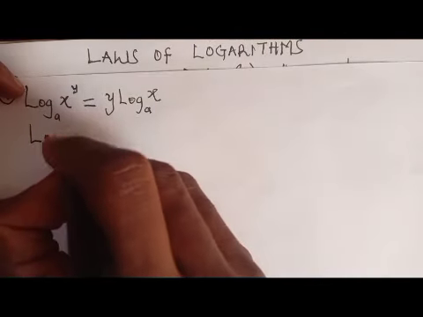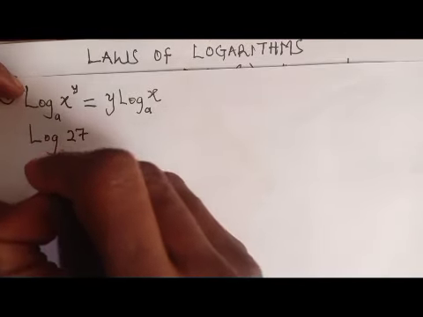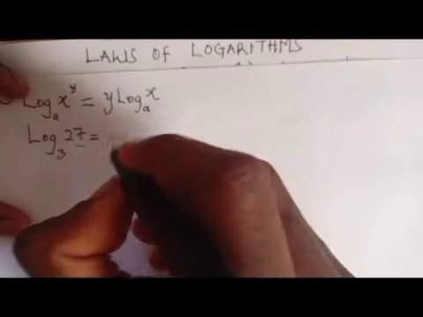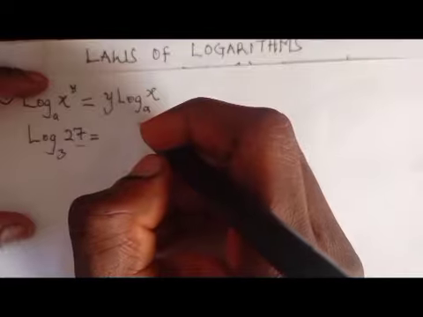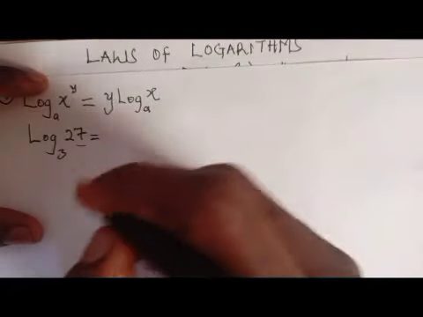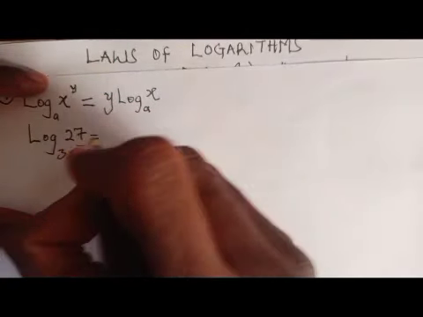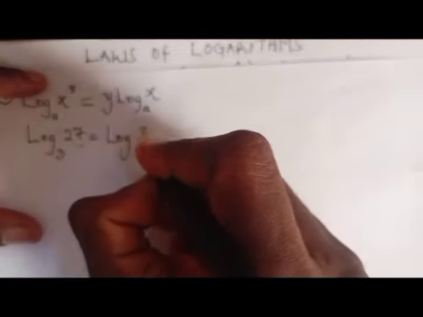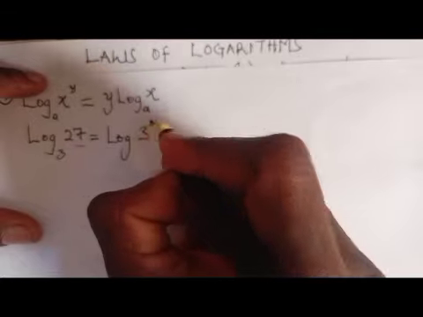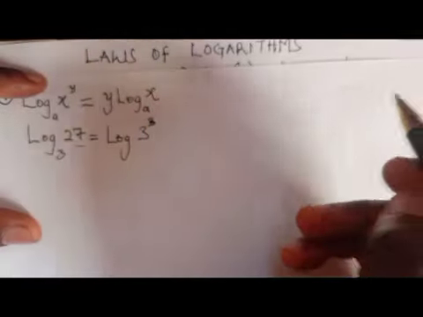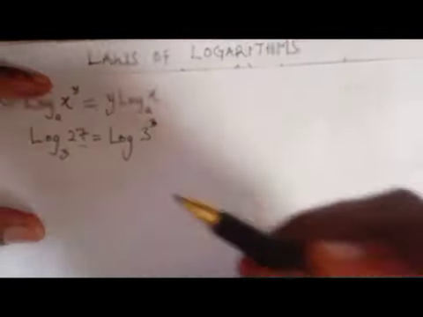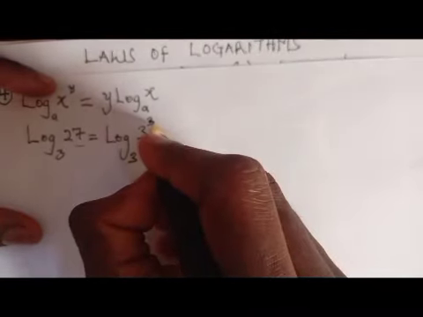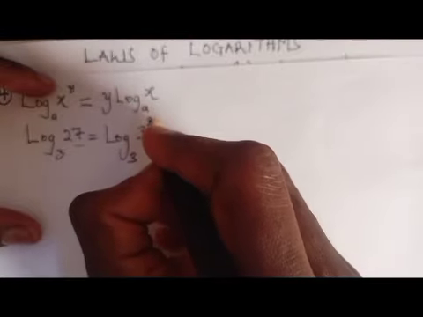Let's say we are given log 27 in base 3. What does this give me? Remember, in your indices, if you've not seen that video, you can go to the playlist and you see it. 27 is the same thing as 3 raised to power 3, because 3 raised to power 3 simply means 3 times 3 times 3, and that gives us 27. So it simply means that I can make this 3 move to the other side.